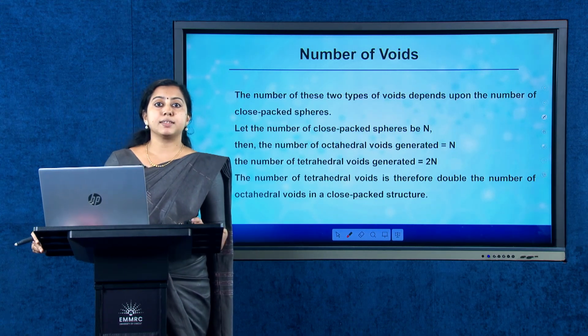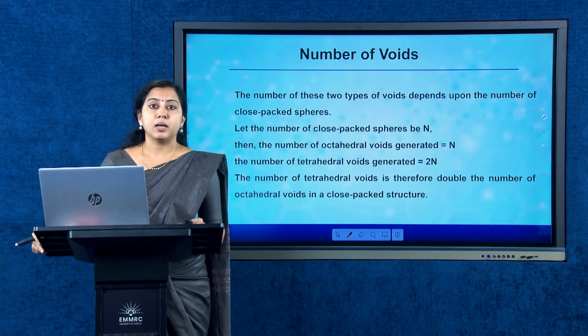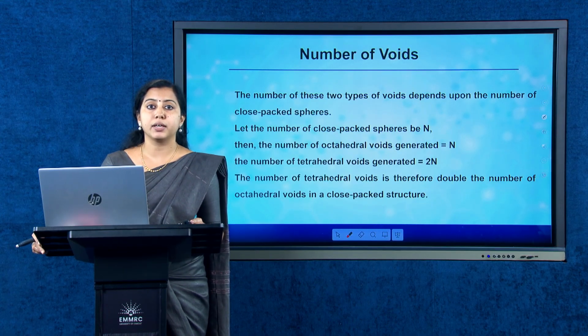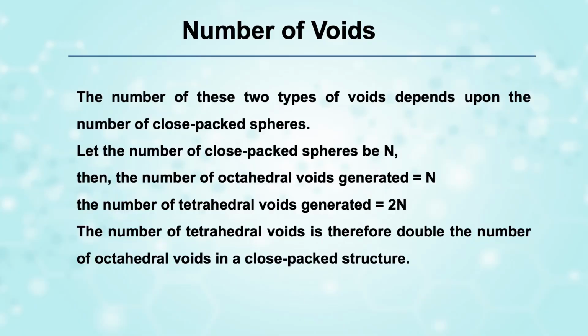In the previous class, we have seen about voids, namely tetrahedral and octahedral voids. So, the number of these two types of voids, whether it is tetrahedral or octahedral, depends upon the number of close packed spheres, or the number of atoms that touch each other. Let the number of close packed spheres be n.